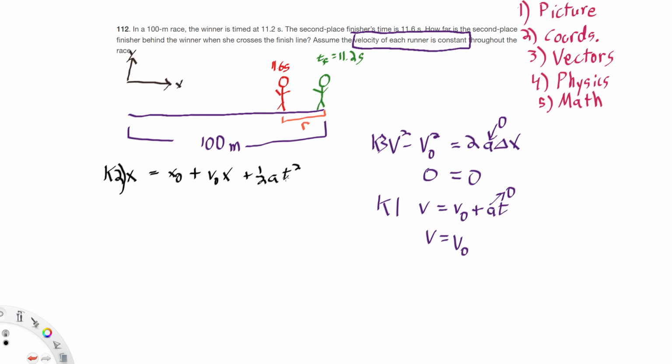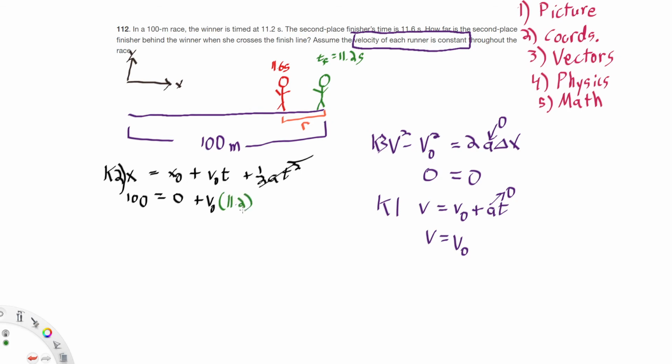So acceleration is still 0, which means that this whole term here is going to be 0. But also, this is supposed to be a t. At the beginning of the race, the initial position of the runners is 0. The final position is 100. The initial velocity we don't know, but the green runner is going to take 11.2 seconds.